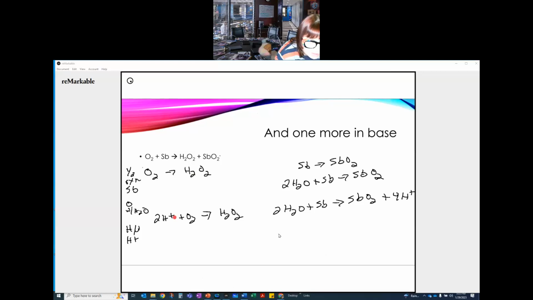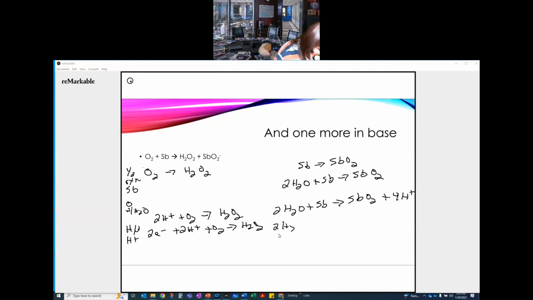Now, how do I get my charge even? My overall charge on the reactant side over here is 2 plus, from the 2 hydrogens, so I need to add 2 electrons. So it's going to be 2e minus plus 2H plus plus O2 gives me H2O2. Everything's net neutral, 0 across the board. Here I have no charge on my reactant side, but I have a 4 plus on my product side, so I need to add 4 electrons to the product side.